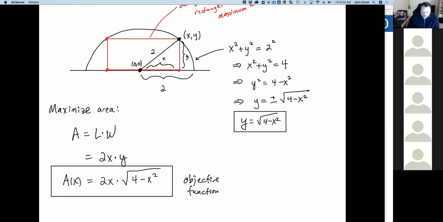Now, one of the things you should ask yourself anytime you write down an objective function like we've done here is: is there some constraint in addition to the ones we've already used on the variables involved? Meaning, is there a limit to what I can make x? If you look, x is this half distance here. What range of values must x take on?